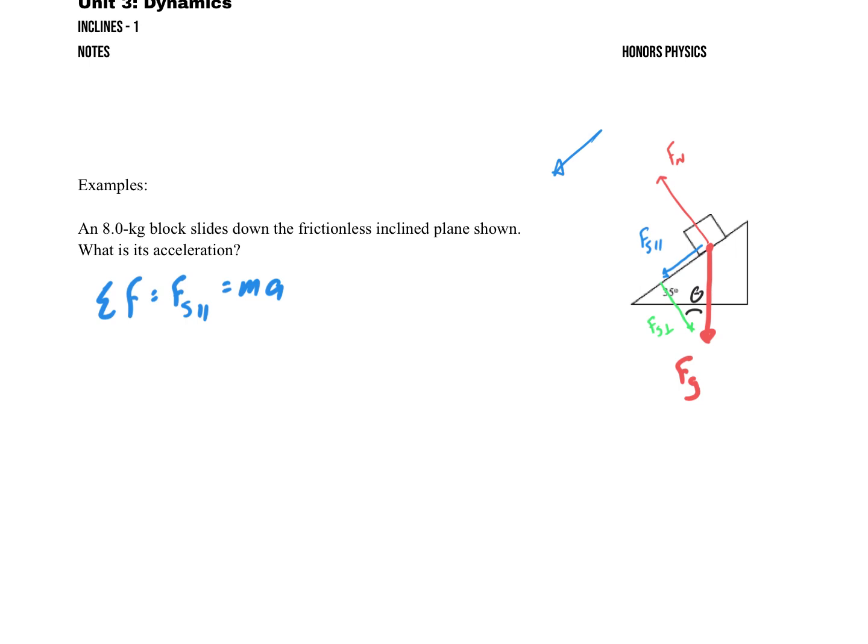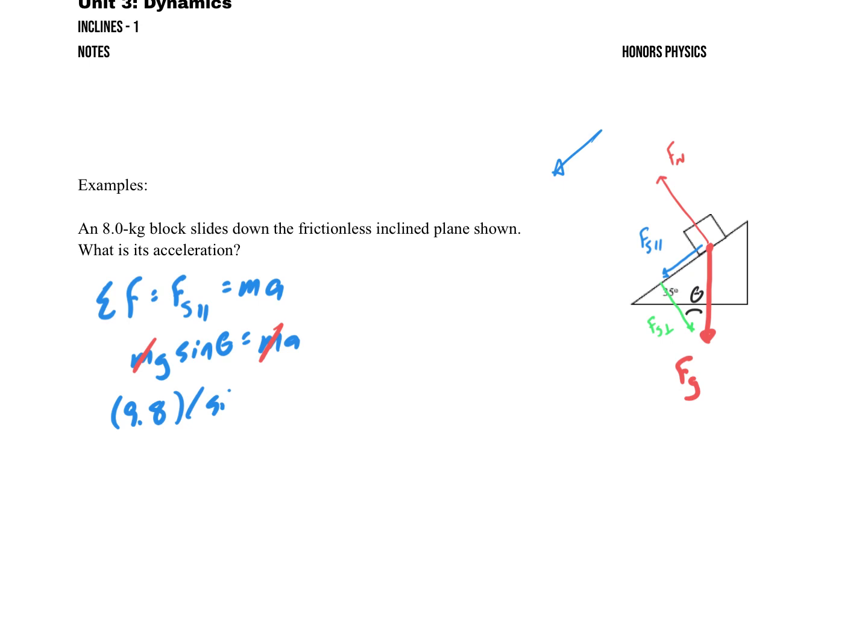Remember we decided that FG parallel is mg sine theta, equal to ma. Notice here, the masses end up canceling, and when I solve for acceleration, I get the following.